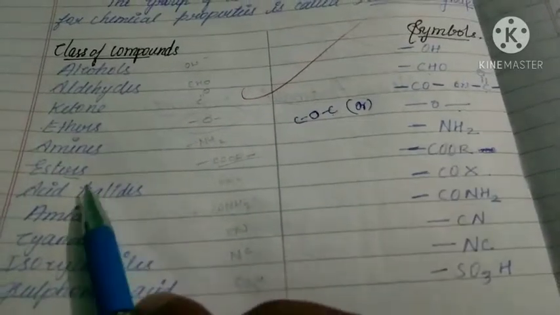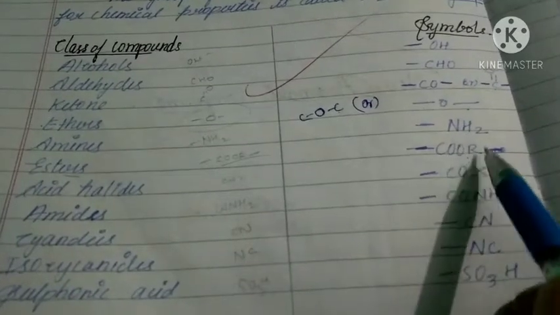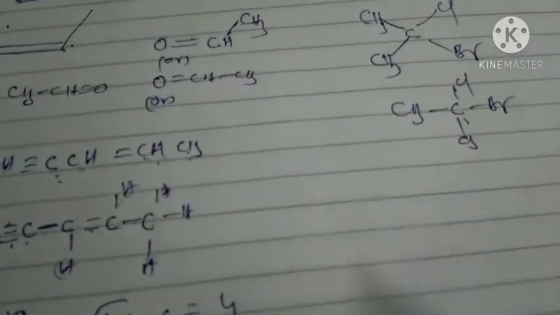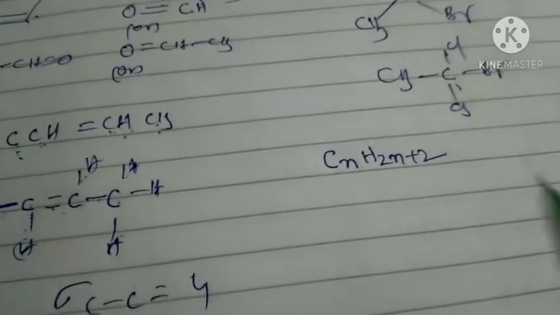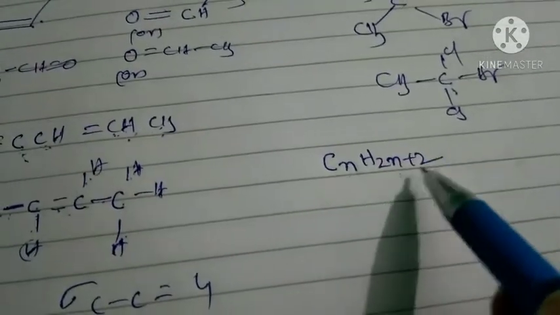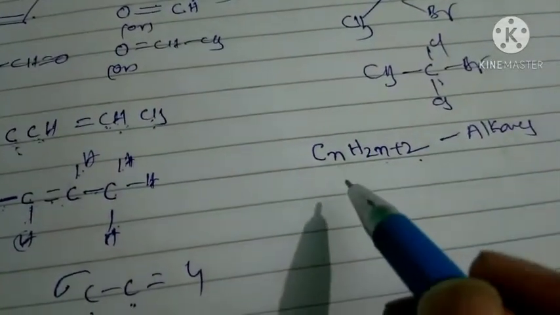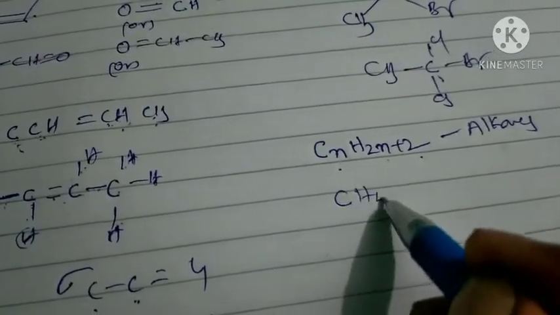Next, amines. NH2 is called amine. Esters, COOR is present. Here R means what? Alkyl group. What is an alkyl group? See, I will show here. If any compound obeys the CnH2n plus 2 formula, those are called alkanes. Suppose you substitute 1 for n, then you get CH4.